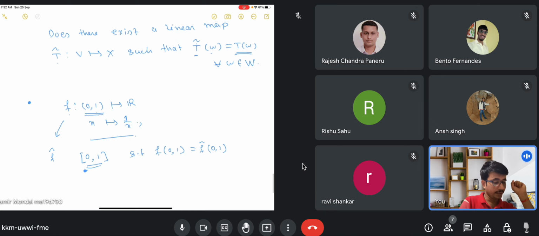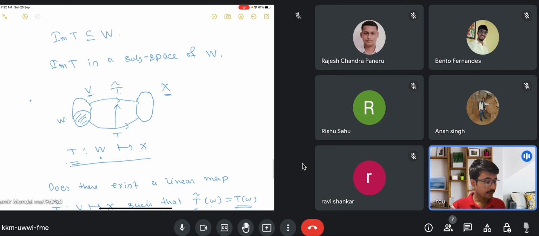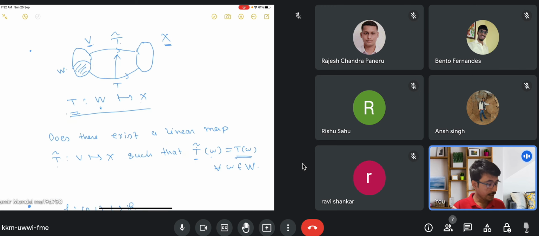So could you please tell me, is it possible to extend f to f tilde such that it will preserve the continuity also? That time our answer is no. Yes, we can find one map which is an extension of f, but in linear transformation, yes, we can extend.